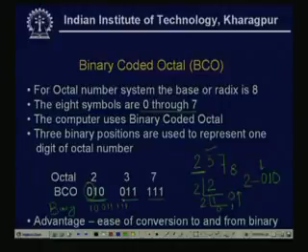So, the advantage is that it is very easy to convert from binary to BCO or BCO to binary, and that is why these are very much used in computer systems.